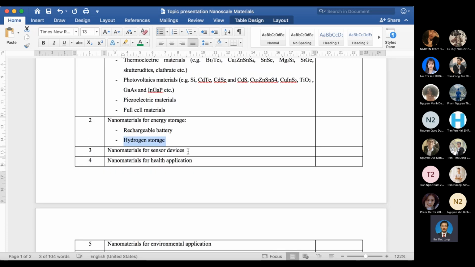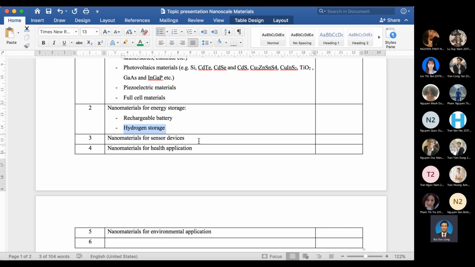And the third one, you have nanomaterial for sensor devices. So you have to find what nanomaterial is applied for a sensor. The sensor here can be a light sensor, a temperature sensor, a sensor to detect chemicals or gases, a sensor for humidity and so on. There are a lot of sensors here, so you have to find the material by yourself.